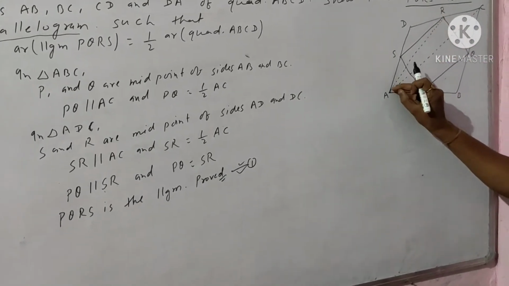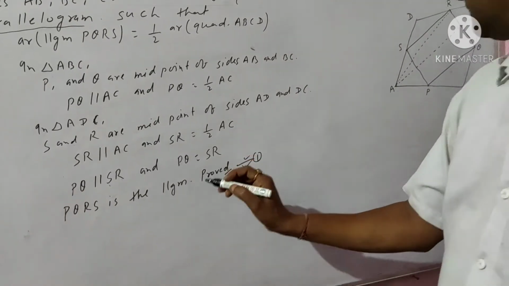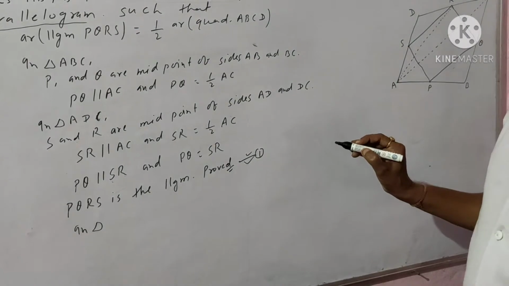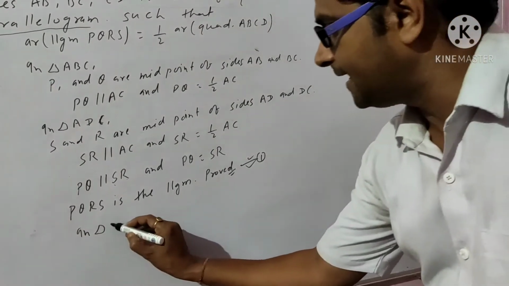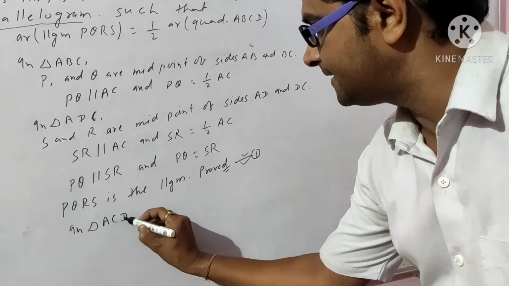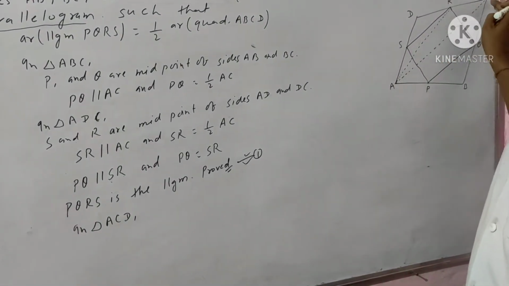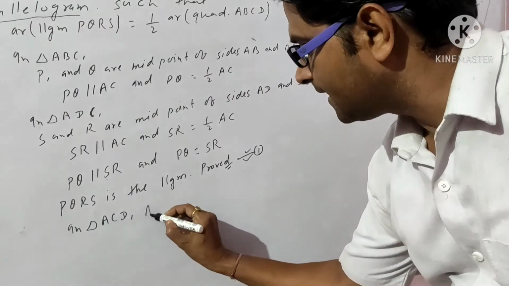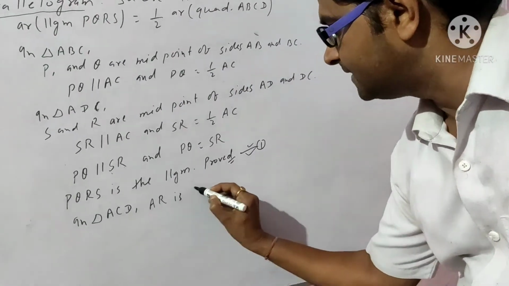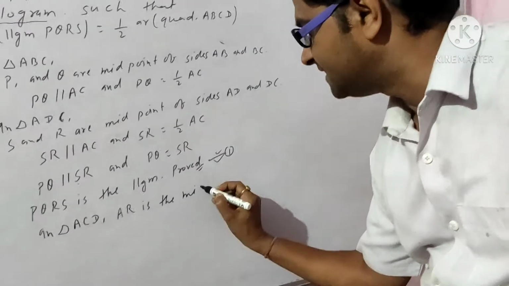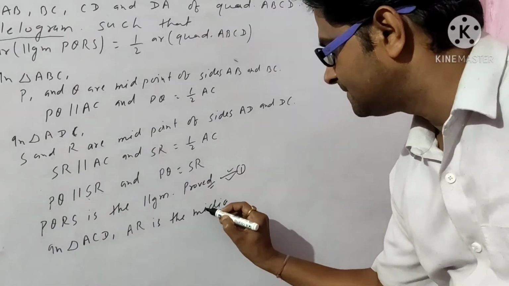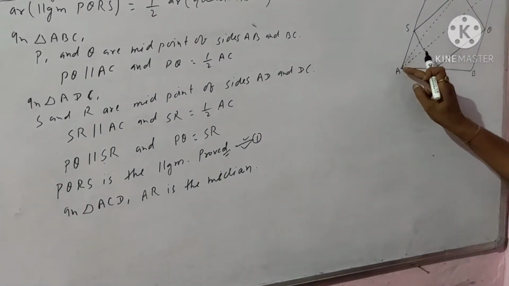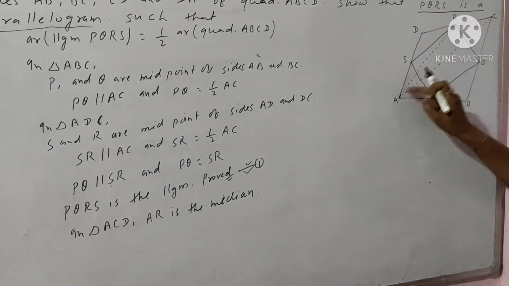But we can write here, in triangle ACD, AR is the median.